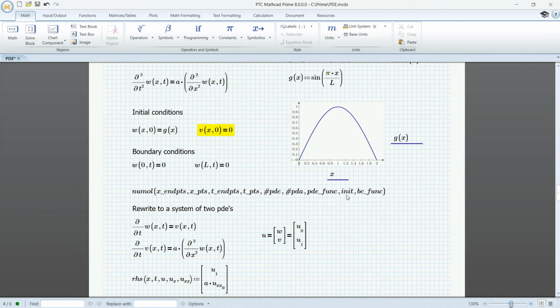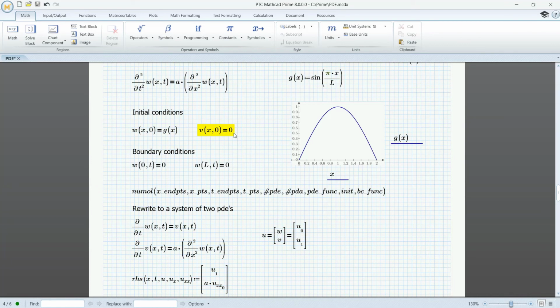Now to the init function. The init function is the initial condition for w and for v. At the beginning, we had no initial condition for v. It wasn't even introduced, so we have to add something as the initial condition for v.